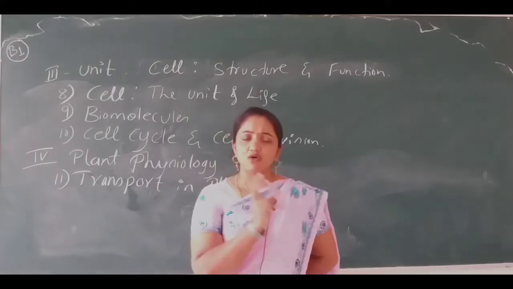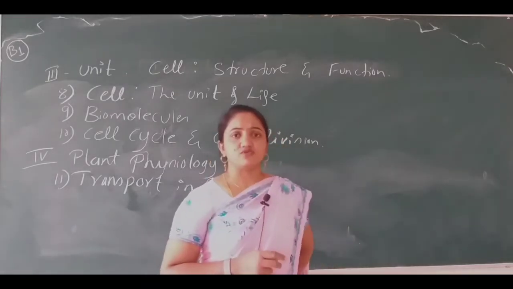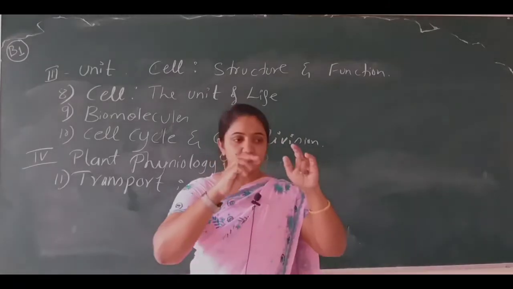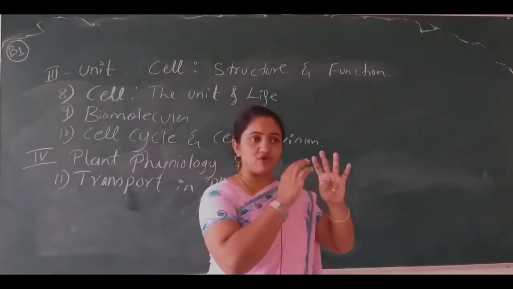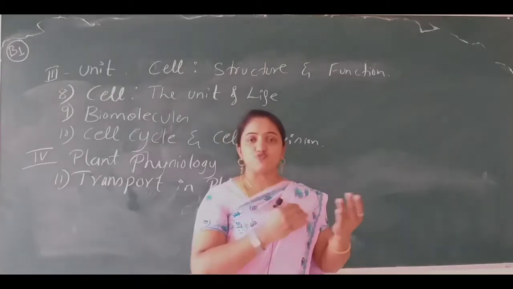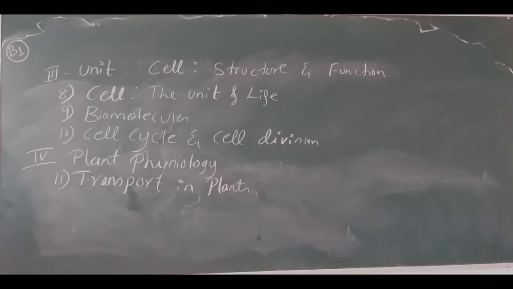How does the mechanism take place? Whether there are workers who are going to push the food molecules? No. By means of diffusion, by means of osmosis, the transportation occurs. So this is also a very interesting chapter.